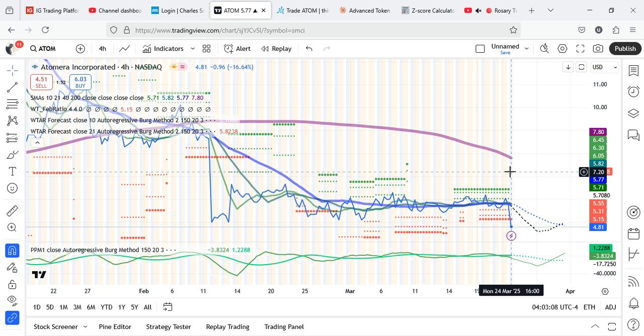So both of them are smaller than the price of $7.2, apart from its 200 period moving average, which is higher. So if you want to go by the 200 period moving average, you might see that the probability of it printing 7.2 is a decent one. It's most certainly going to be more than 50%.